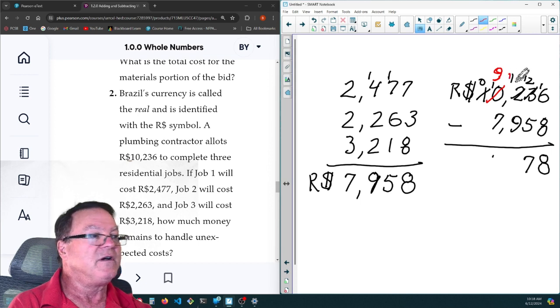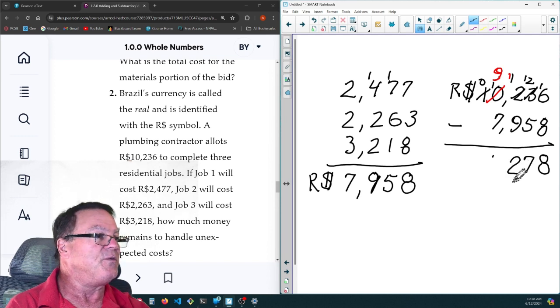Now I have 11. 11 minus 9 equals 2. And now I can go to the thousands column, and I have a 9 minus 7 equals 2. There, I'll put my comma in.